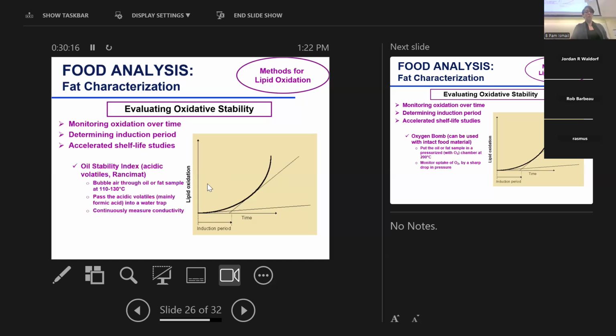The other one is the oil stability index. It's a quicker test. You have automated equipment, Rancimat. You put your sample in a closed flask with an opening to bubble in air and another opening to allow acidic volatiles due to oxidation to escape and go into a water trap.